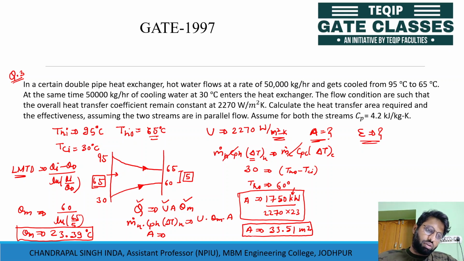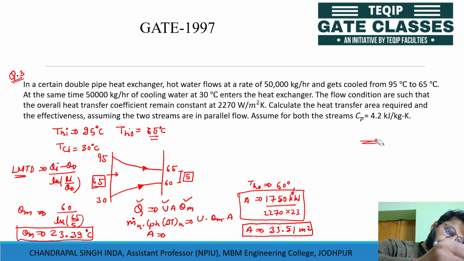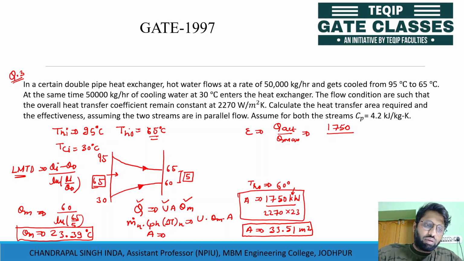And now we are required to calculate the effectiveness of the heat exchanger, and this is a parallel flow heat exchanger. Although we can use the NTU method to find the effectiveness, we can also use the method in which the effectiveness is equal to Q actual upon Q max. So we have the value of Q actual, that is equal to 1750, divided by Q maximum, where the minimum heat capacity rate is the same here.